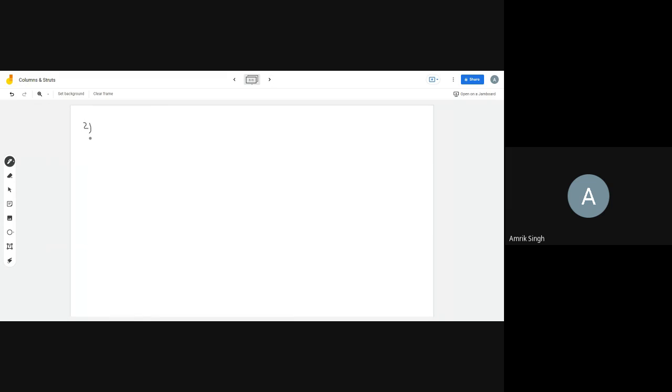Second is one end free and another end hinged. Okay, one end free and another end hinged or pinned.